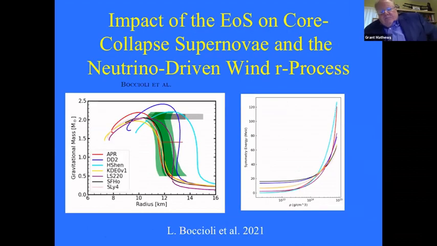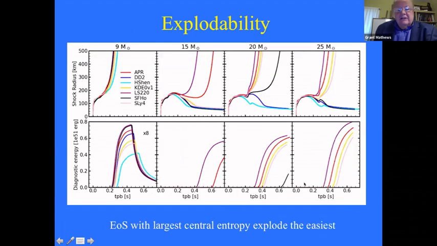One of the things we've been looking at that I wanted to just mention is a variety of equations of state that give more or less the right maximum mass of the neutron star, with different symmetry energy dependence. How does that affect the explodability, now that we think we know how to calibrate the spherical explosion models? And there's a very simple correlation, which I discovered was actually pointed out by Hans Bethe way back in the 1980s.